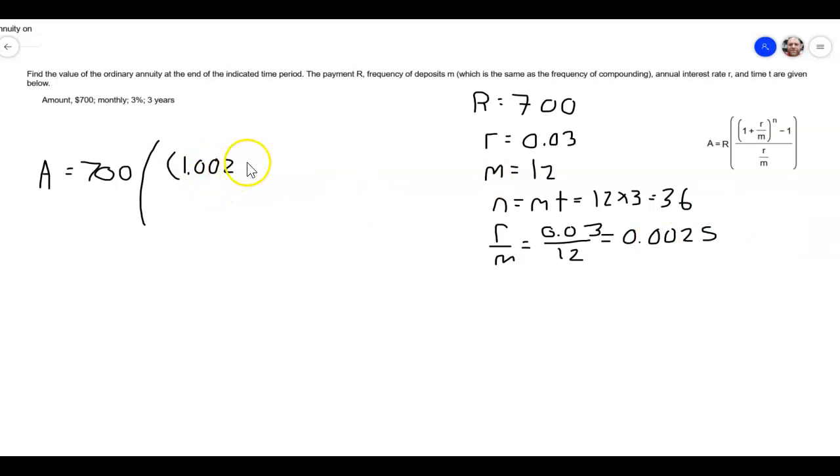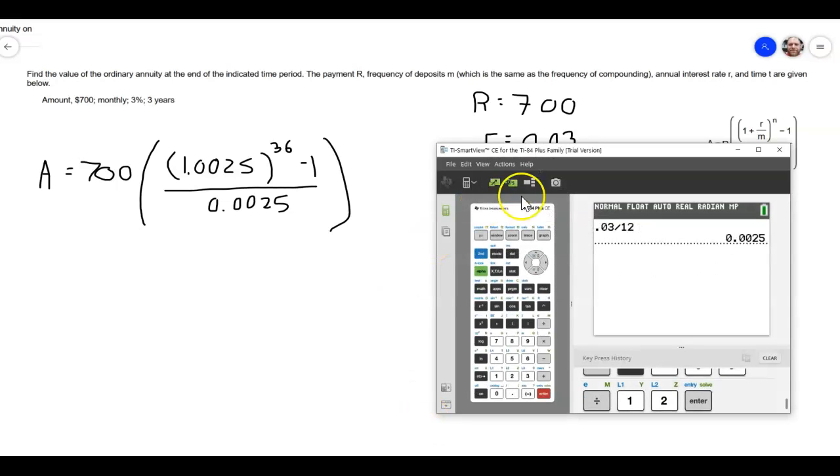So 1.0025 raised to the 36th power minus 1, right, all over 0.0025.